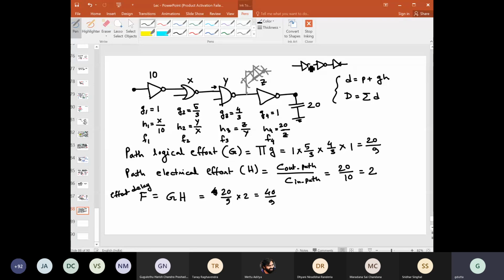You remember that for each of them the sizing factor was the same. If from here to here the sizing is X, then from here to here the sizing would be the same. So you have to scale these sizes uniformly. That means, in order to have the minimum delay, the effort of each individual stage has to be equal.